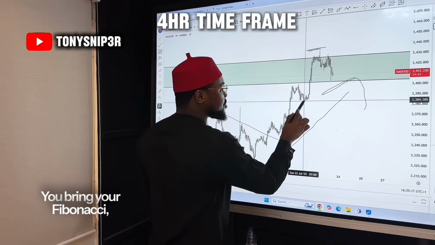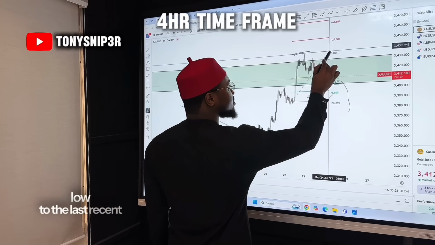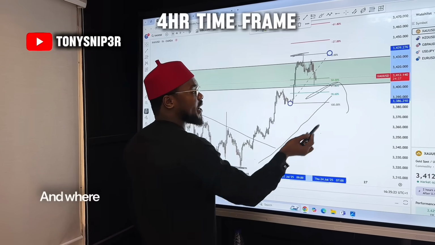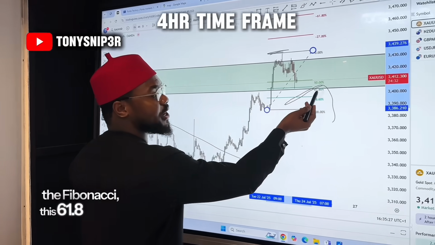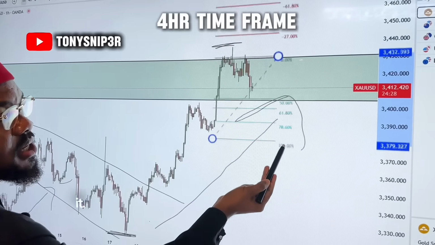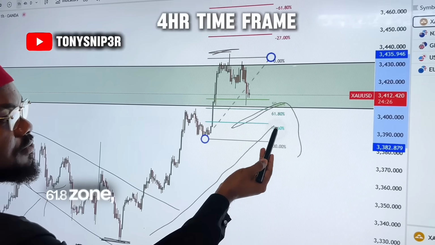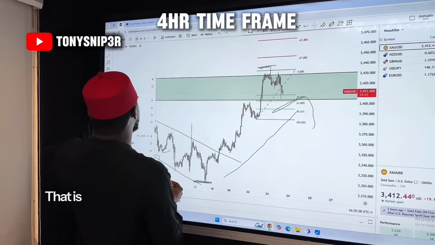You bring your Fibonacci, you apply it from the last recent low to the last recent high. Okay? And where can you see it? This is where the Fibonacci 61.8 zone is actually showing. You can see it here, very visible. I don't know if you guys can see it. 61.8 zone, from the last recent low to the last recent high. Now, what does that tell you? That is trying to tell you that what?